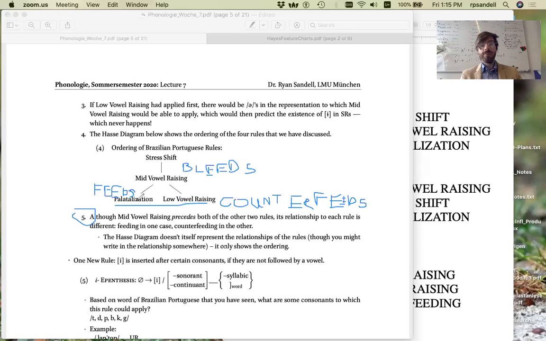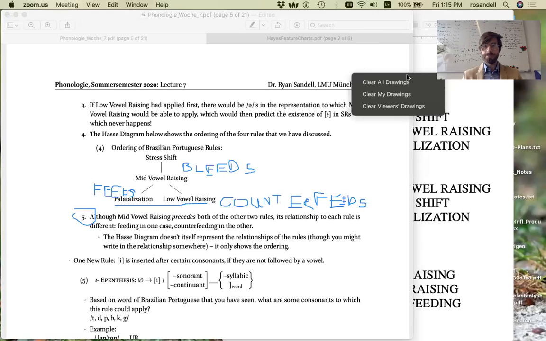Mid vowel raising feeds palatalization, but low vowel raising counterfeeds mid vowel raising. And the Hasse diagram itself doesn't tell you anything about the nature of the relationship between the rules. It only shows what the necessary ordering is, but you could potentially, as I've done here on the handout, write in further information about the nature of the relationship between the rules.